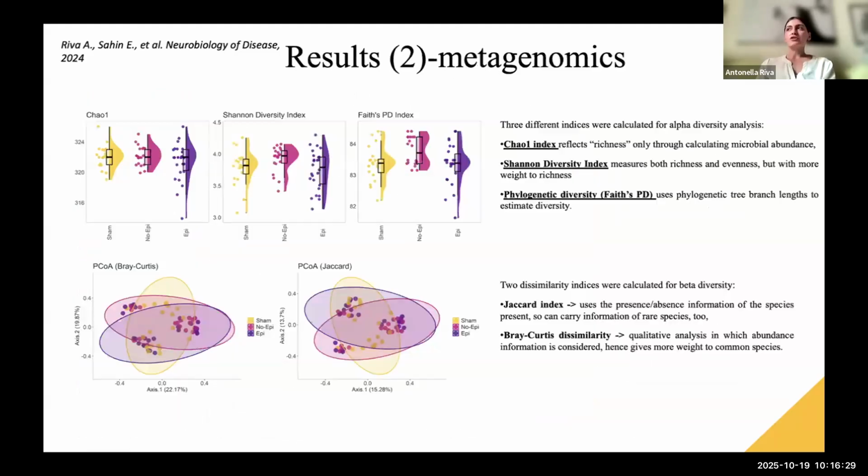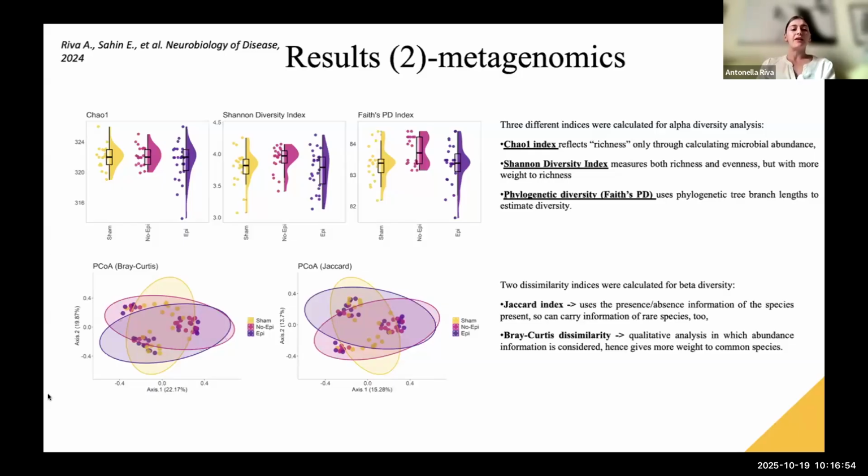Then the genomic analysis, trying to see what was there locally in terms of bacterial species in the gut. From the point of view of the alpha diversity, the different bacterial populations within one sample, between the different groups, we were not able to find differences, even using different methods for the analysis.